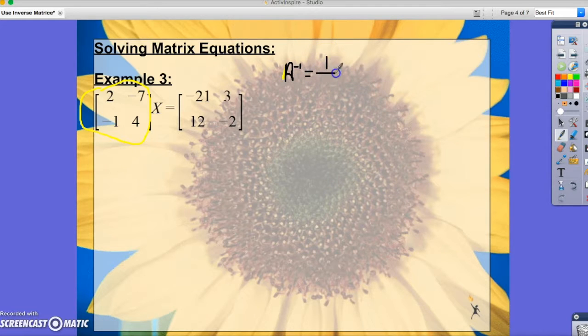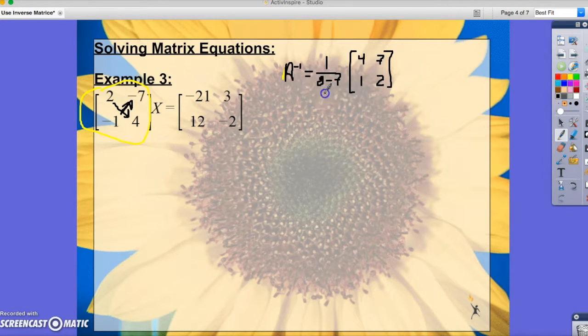So you get 1 over 2 times 4 is 8, minus this diagonal, which is 7. And then this 4 goes here, 2 goes here, 7 goes here, 1 goes here.